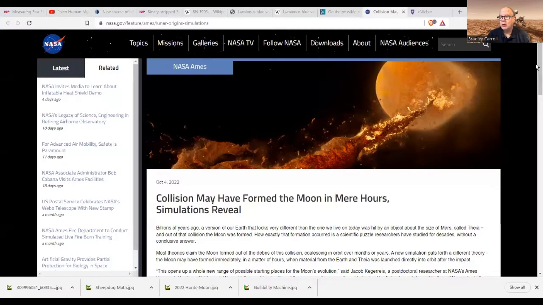The calculation can follow very small particles, and it can follow them over a bunch of short time periods. So it's a lot more accurate than what we've seen in the past. And it shows the moon forming in about a day. This is very similar to what's in your book, but the simulation is a lot better. I just thought I would share that with you. So here it is.